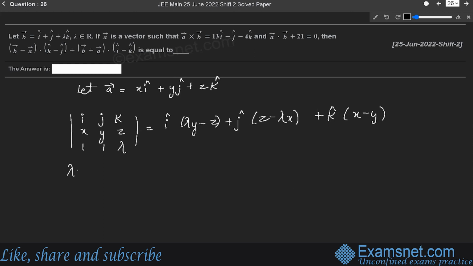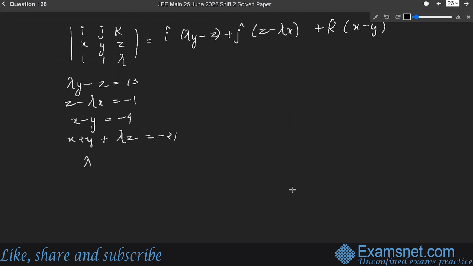Therefore, we can say that lambda y minus z will be equal to 13. z minus lambda x will be equal to minus 1. And x minus y will be equal to minus 4. Also, x plus y plus lambda z will be equal to minus 21.